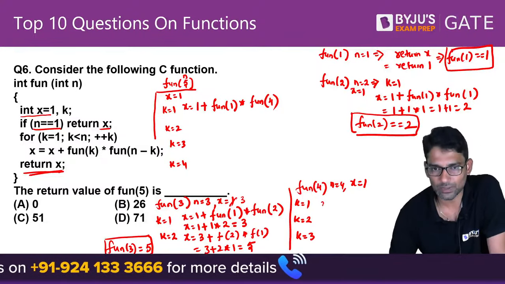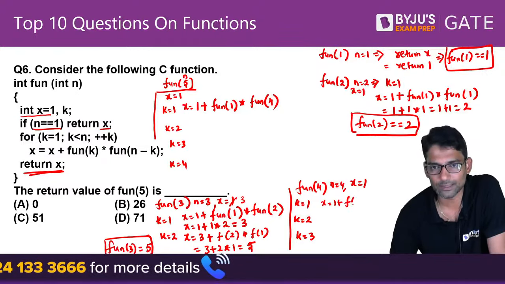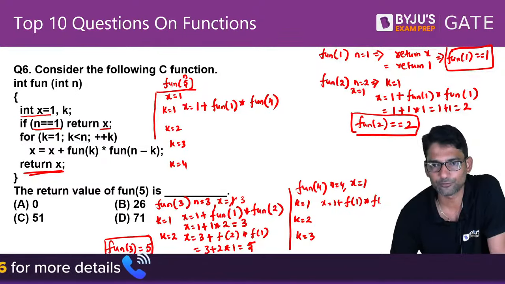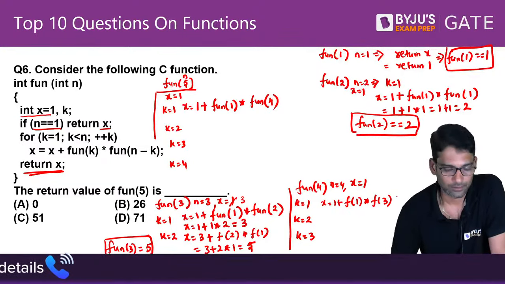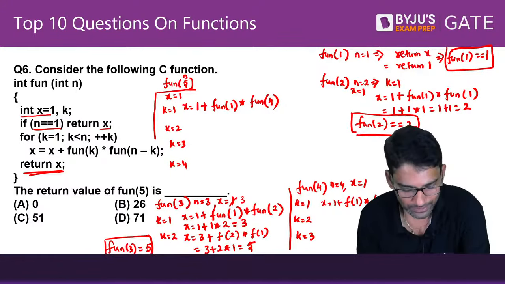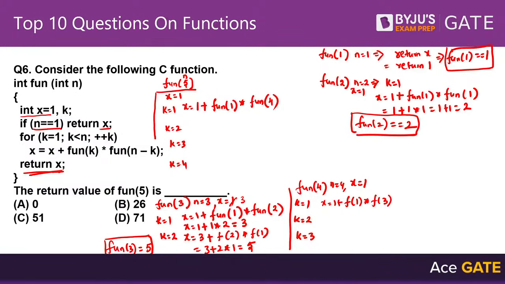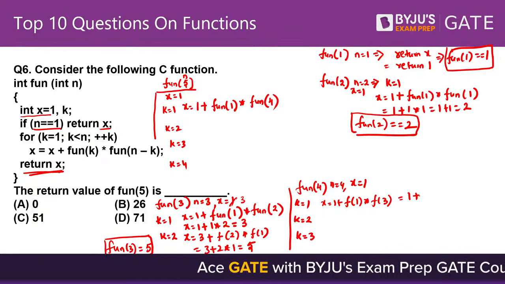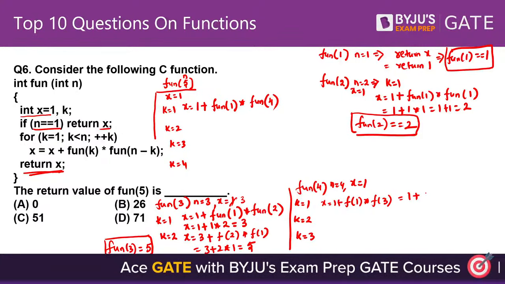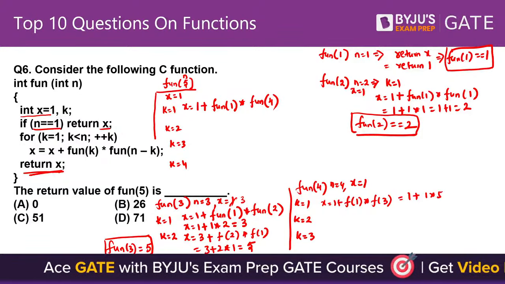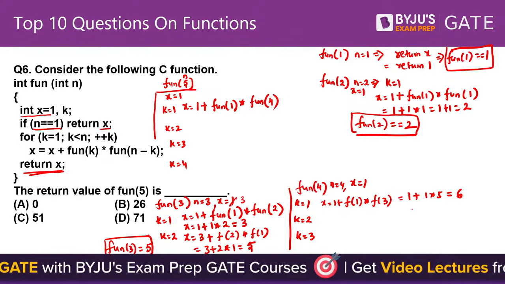When k is 1, x is equal to 1 plus fun of 1 into fun of 3. So, for a while let me hide myself because I might hide the solution. So, this is 1 plus fun of 1 is 1, fun of 3 is 5. So, 1 plus 5 is 6.